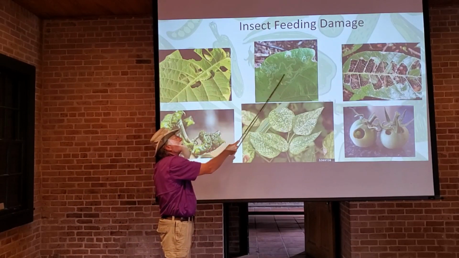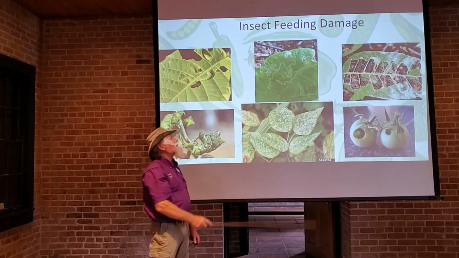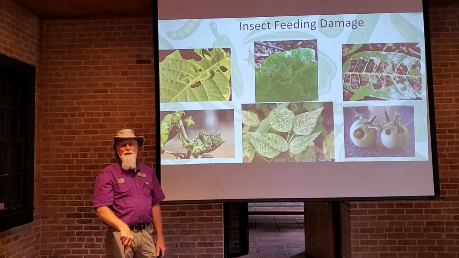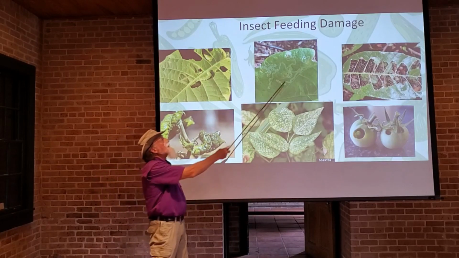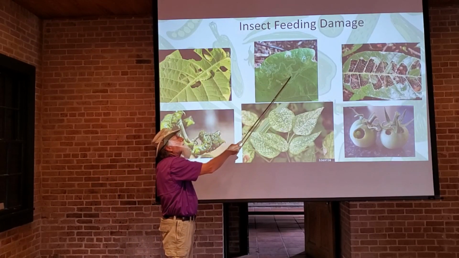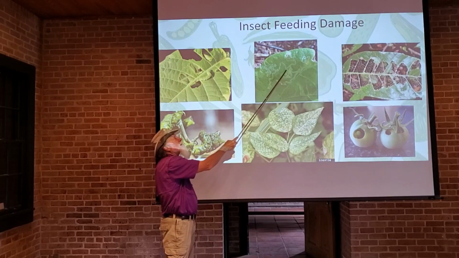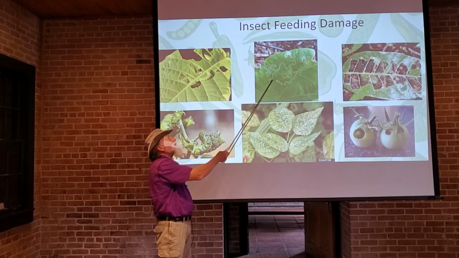This is damage caused by leaf miners. A lot of times leaf miner larvae are from flies, and the little maggot, the little caterpillar, is moving between the leaf layers.